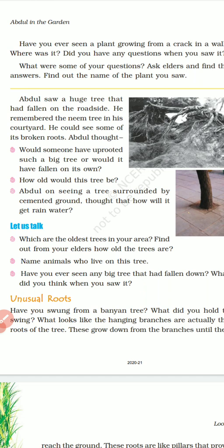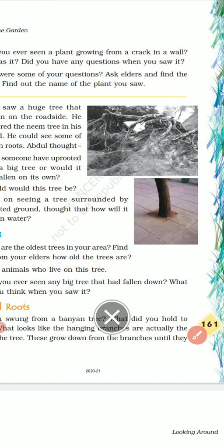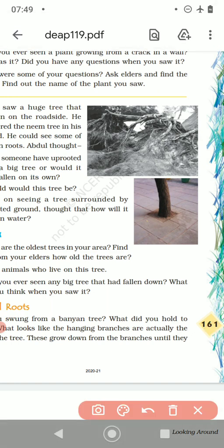Abdul, on seeing a tree surrounded by cement ground, thought, how will it get rainwater? So the amount of water it will get will be very less, no, children? Because how much rainwater can it get from this much open soil? So we should not keep so little space for the water to seep in.